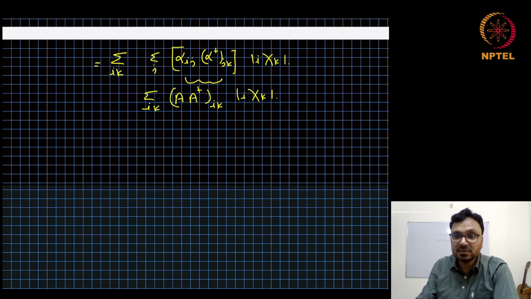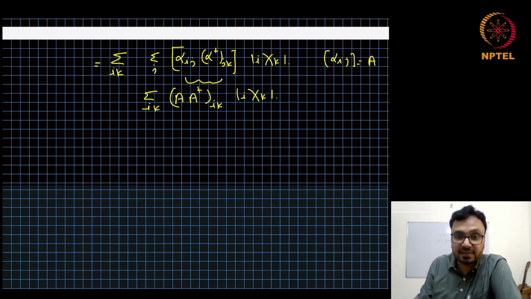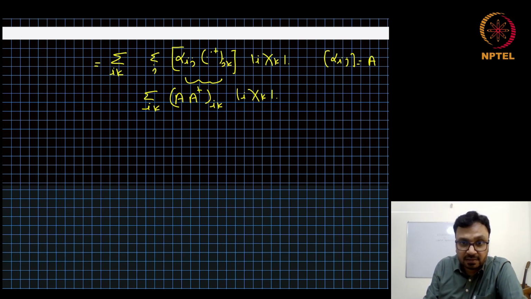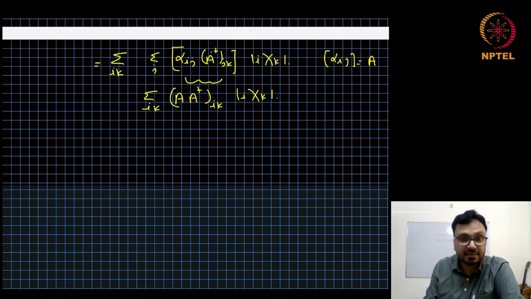So what we have assumed is alpha_Ij is an element of matrix A. So we have alpha_Ij alpha dagger, or it should be A dagger here, A dagger JK, sum over J, which is the same as the A times A dagger IK element.